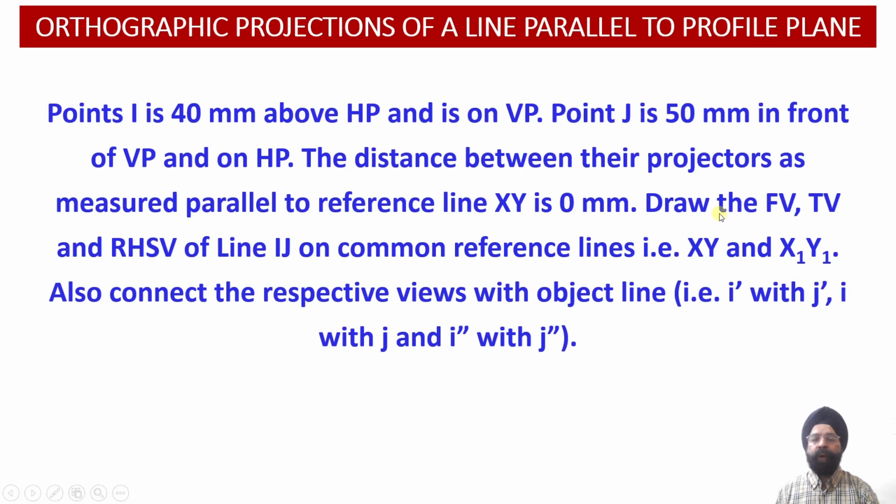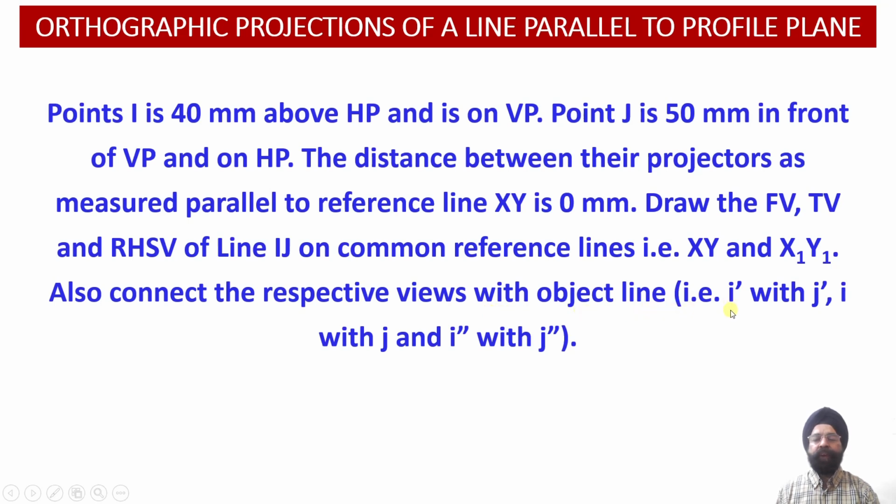With this information, we are required to draw the front view projections, the top view projections, and the right hand side view projections of the line IJ on the common reference lines XY and X1Y1, and we will also be connecting the respective views with the object line.